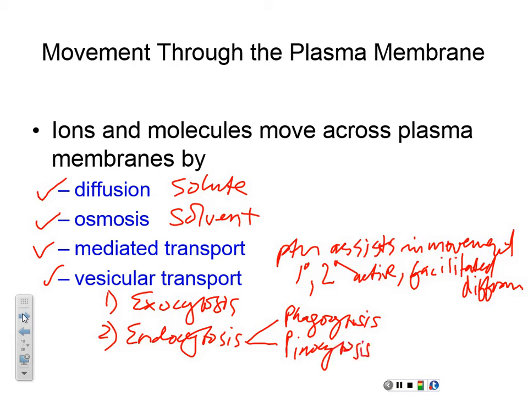And then the other one is almost like mediated transport, but it forms a vesicle, so it's vesicular transport. It involves attachment of the substance that's being moved to a membrane surface receptor.